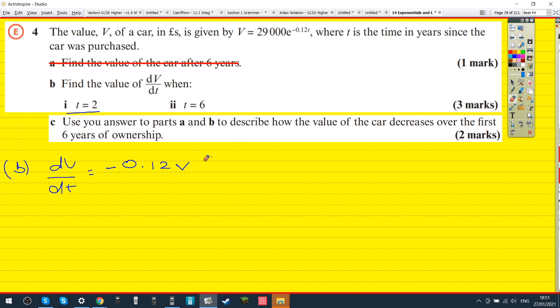Substitute. Let's just do the long way. It's kind of misleading that they did that. So minus 0.12, and then it was times this V. What is V equal to? 29,000e to the power of something. And so when t is 2, how do you get dV/dt when t is 2?